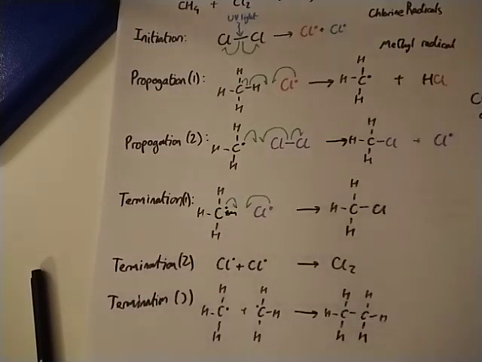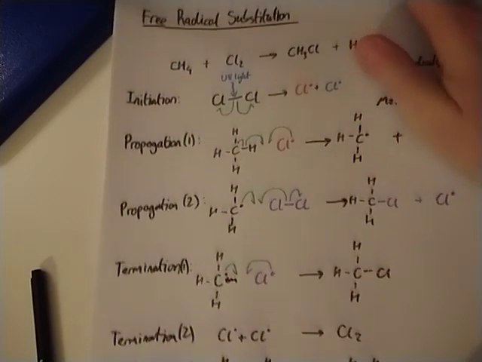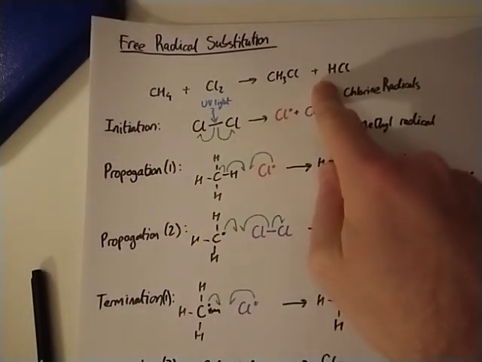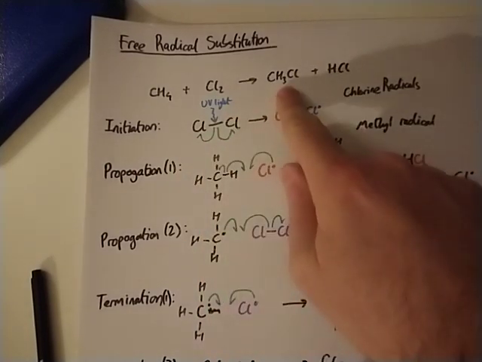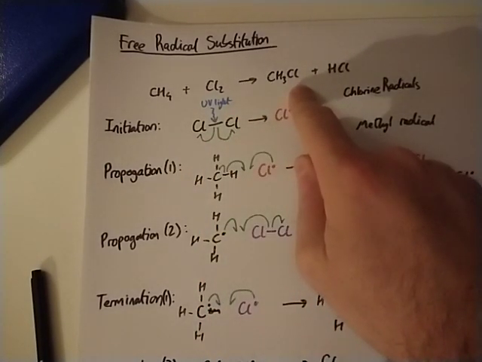In the exam, they might not tell you what termination step to do. But there's one very simple thing to do at this point. Look at the reaction they're talking about. In free radical substitution, you're always going to produce a halogenoalkane.